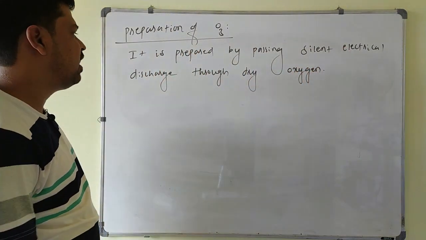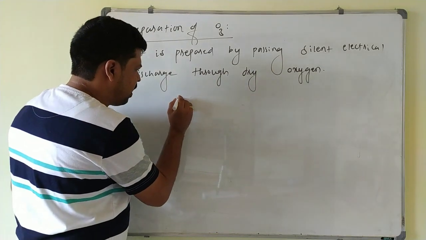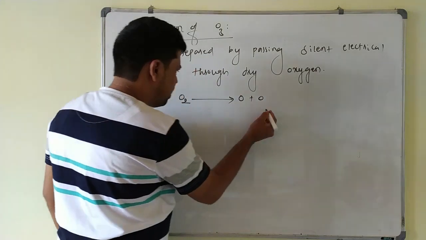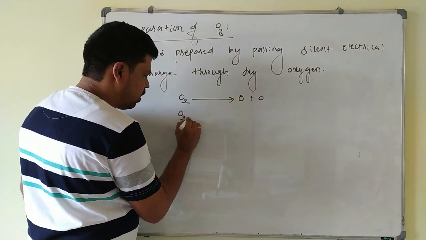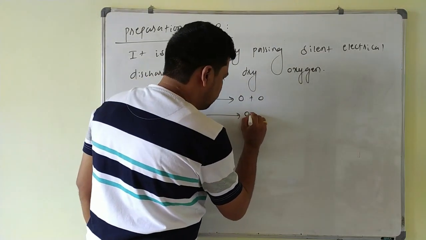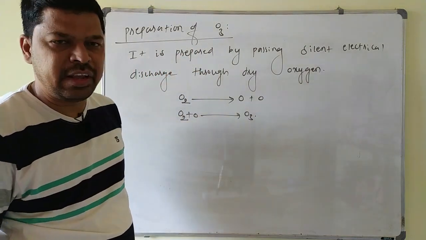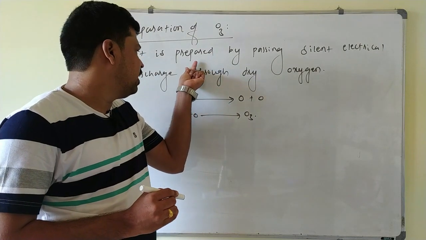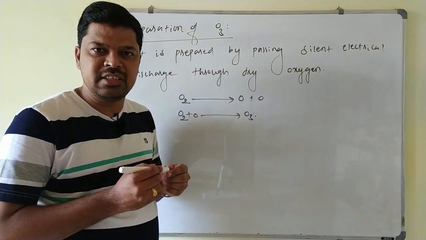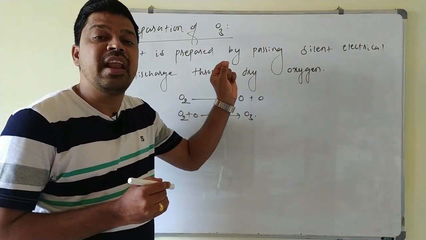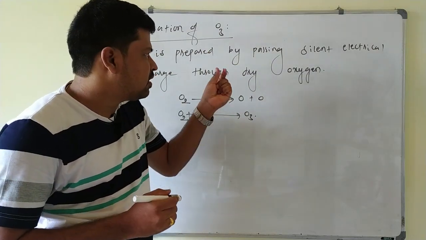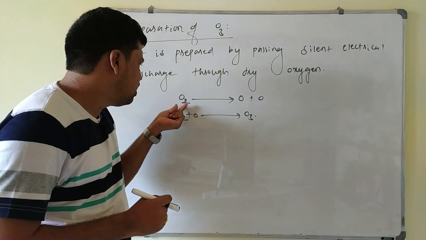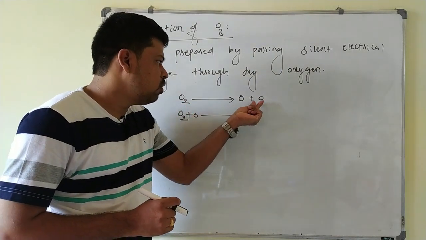So on passing silent electrical discharge through O2, what happens? O2 undergoes dissociation to give atomic oxygen, and this atomic oxygen again combines with O2 to form O3. One point to take care: silent electrical discharge is used in order to produce less heat, because it is utilized just for the dissociation of O2 to give atomic oxygen.